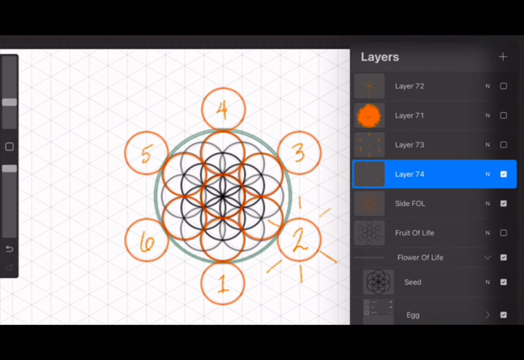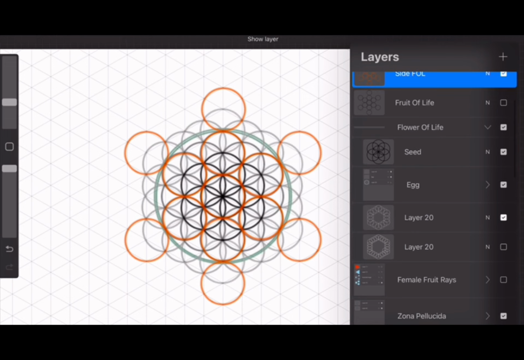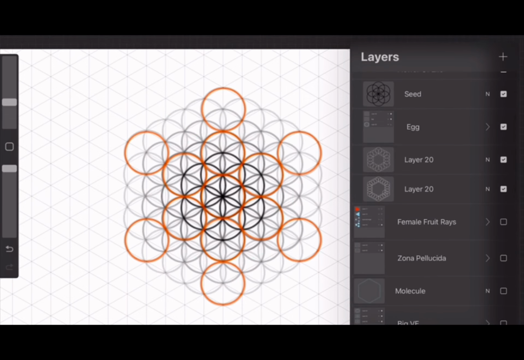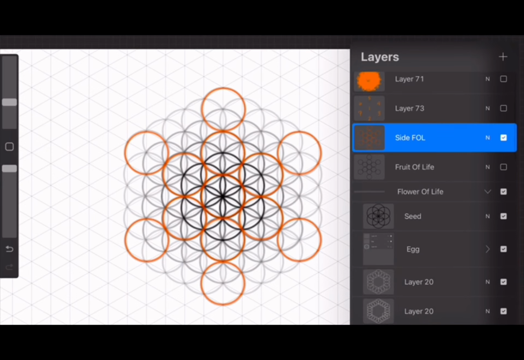So this is kind of like the playground of how we're using this sacred geometry shape. And you can see that if we remove that zona pellucida, you can see that Fruit of Life, the orange spheres, inside the Flower of Life. See how it's in there? So what I'm doing is I'm just focusing on this Fruit of Life.